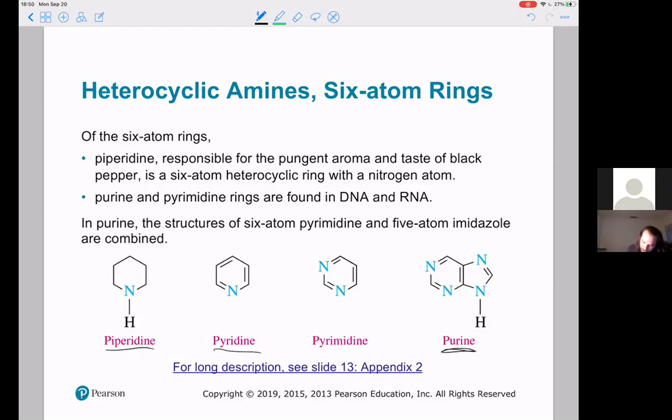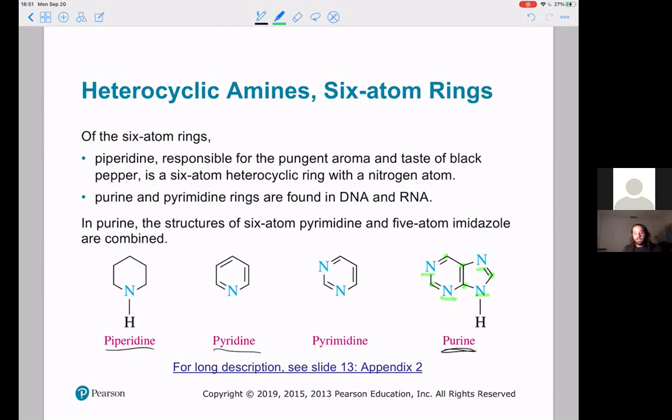And then we can go all the way to purine. This is a key component of both your DNA and your RNA, a purine ring that you see here. This is a heterocyclic ring that now has 4 nitrogens. One of them is part of this 6-membered ring here, and that's connected to another 5-membered ring.